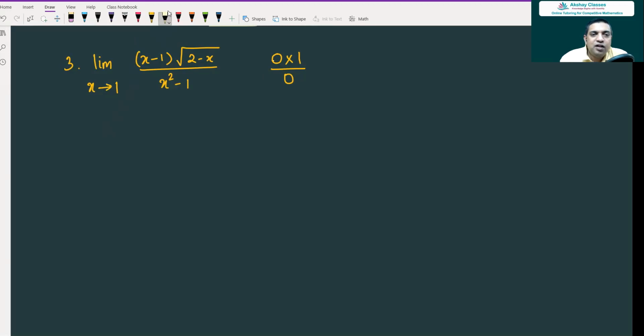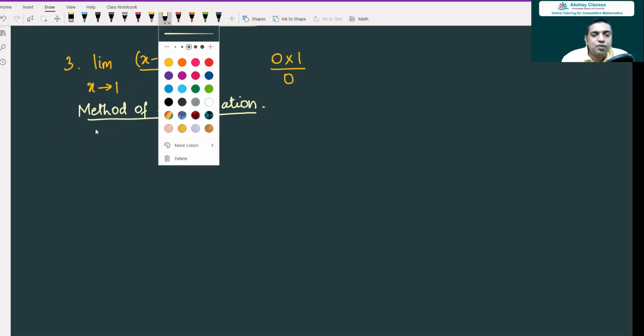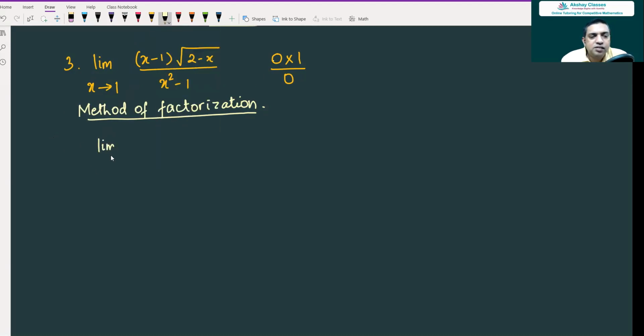So what we do, we use the method of factorization. In such problems, we use the method of factorization. So in this, limit x tends to 1, (x minus 1) into (2 minus x) upon the denominator, which we can factorize as (x minus 1) into (x plus 1).